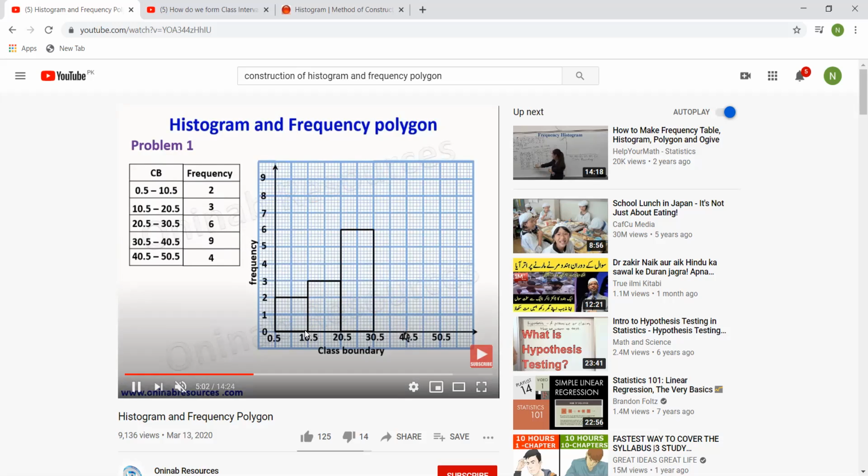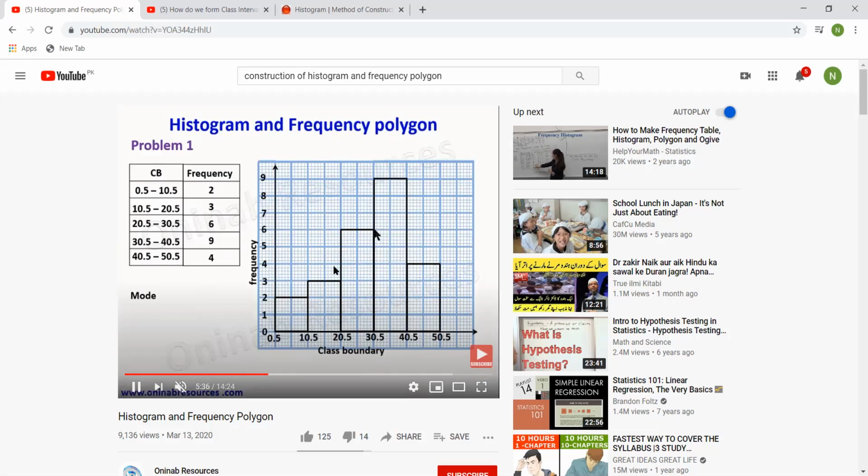And now you can see the width of the rectangle is the same for all the rectangular bars. The next class, 20.5 to 30.5, has a frequency of 6, so we mark 6 and complete the rectangle. Then 9 is the highest frequency, so from 30.5 till 40.5 the 9 values lie, and 40.5 till 50.5 is the last class.